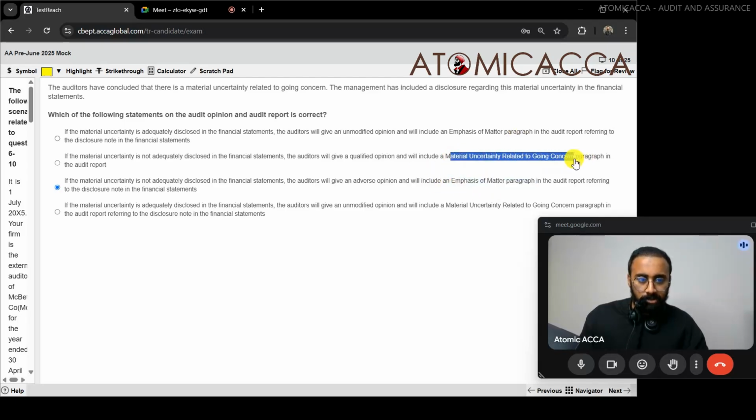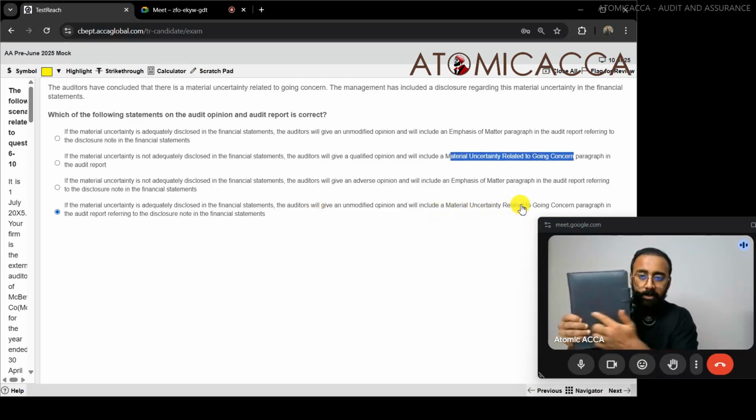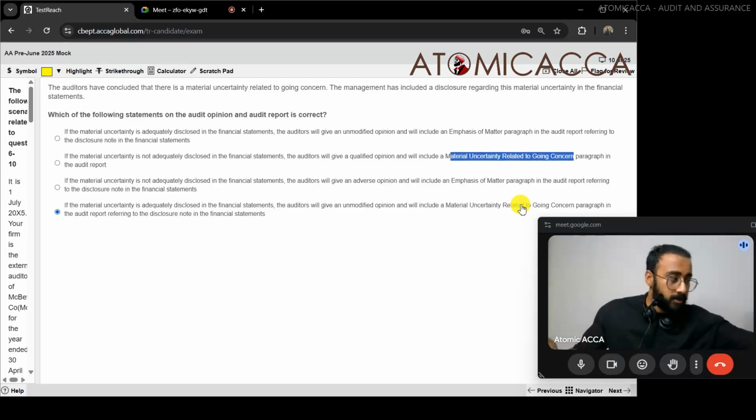It's under the MURGC paragraph. So since A, B, C are out, D is automatically the answer. If material uncertainty is adequately disclosed, the auditor will give an unmodified opinion. So that is right. And will include an MURGC paragraph in the audit report referring to the disclosures in the financial statement. So hope all that is sorted. And option D will be your answer.